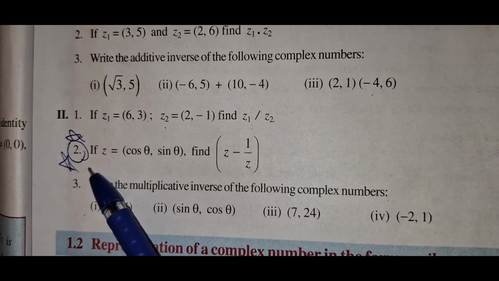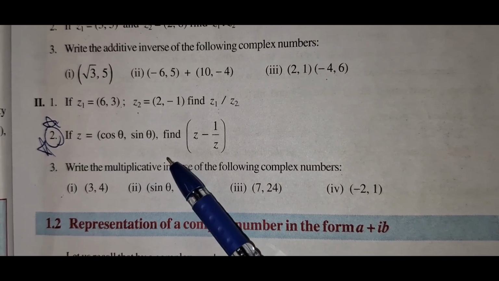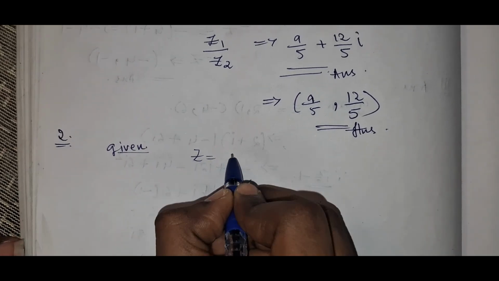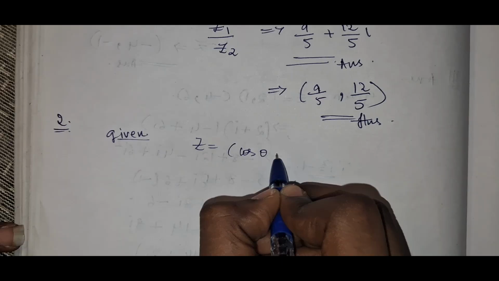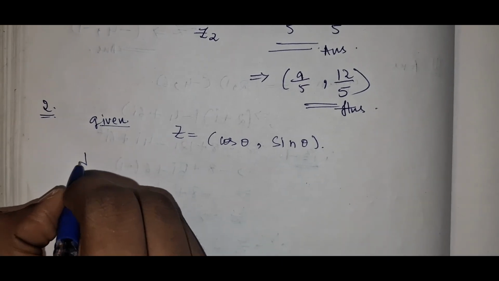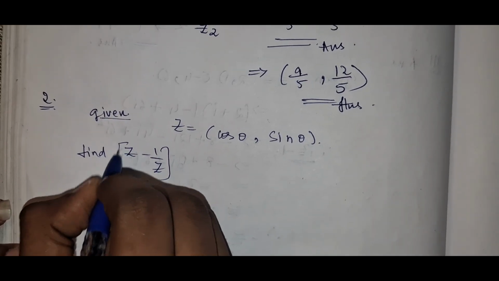Now second problem, this is an important problem for 2 marks. Let's do this question. Given, we will write first z is equal to (cos theta, sin theta). We need to find z minus 1 by z.